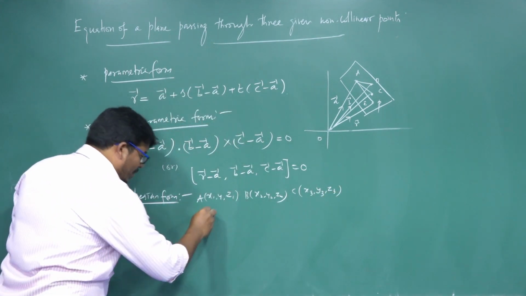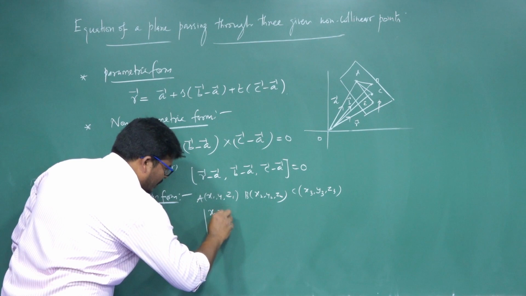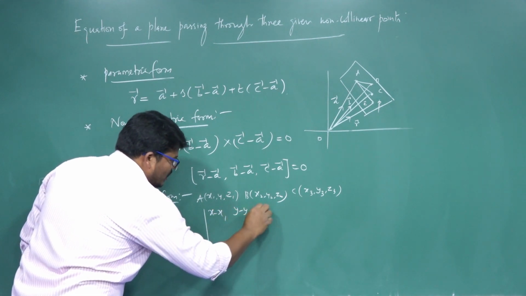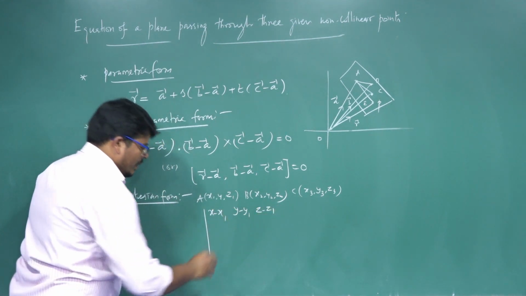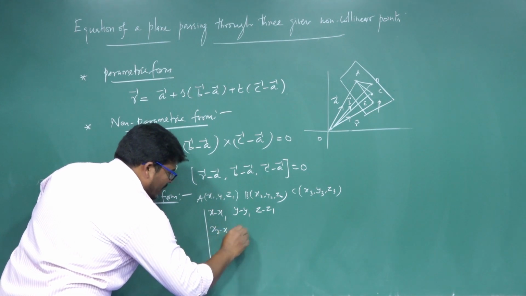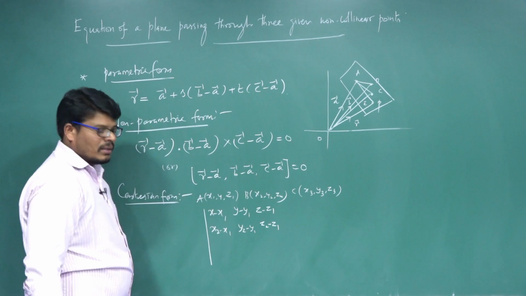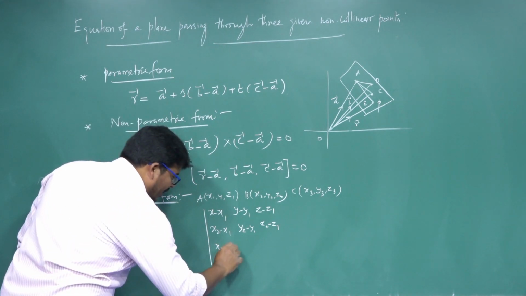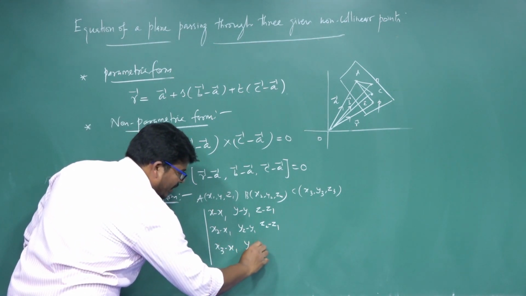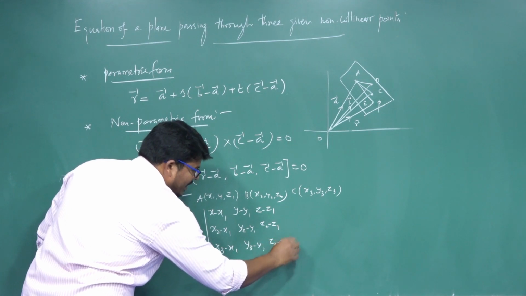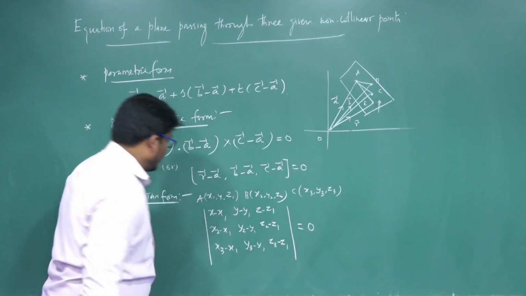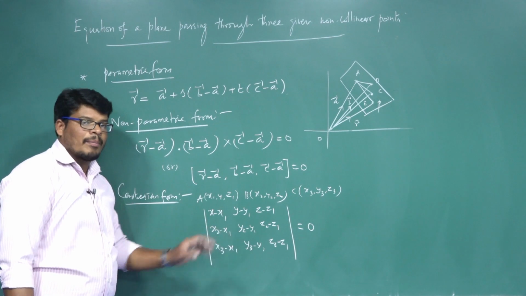Now write in Cartesian form in determinant form: x minus x1, y minus y1, z minus z1; second row x2 minus x1, y2 minus y1, z2 minus z1; third row x3 minus x1, y3 minus y1, z3 minus z1; equals 0. This is the Cartesian equation of the plane.